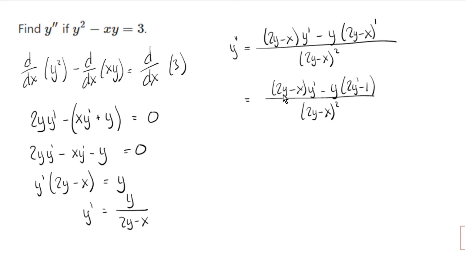So we're going to expand the numerator, multiplying this y prime into the bracket and the y into the bracket. So that's going to give us 2y prime minus xy prime minus 2y prime plus y over 2y minus x squared. Like that.